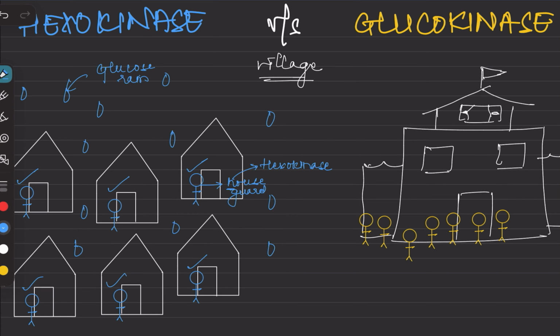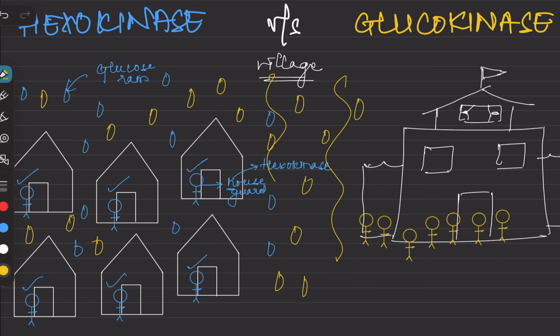To answer that question, this village sometimes gets lucky. And when it's lucky, it has good luck. So that's when the good luck rain happens. When it's raining with good luck, that means there is a lot of grocery falling. There is a lot of glucose falling. So this is the good luck rain, which I am symbolizing with the color yellow.